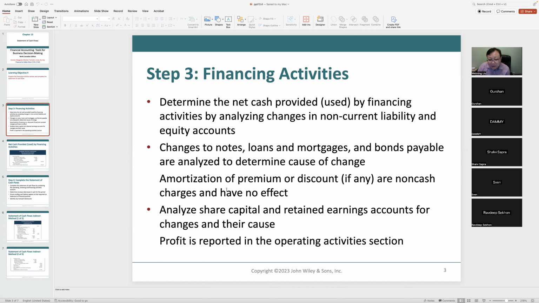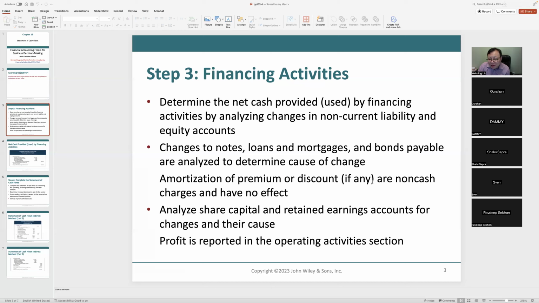In the previous chapter, we learned about bonds, right? If you remember, we have amortization of the premium or discount, right? I remember I even showed you how to do this amortization schedule in Excel, right? So this amortization is just like depreciation, right?